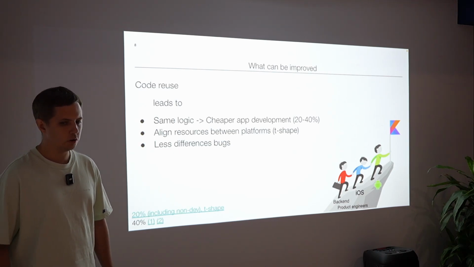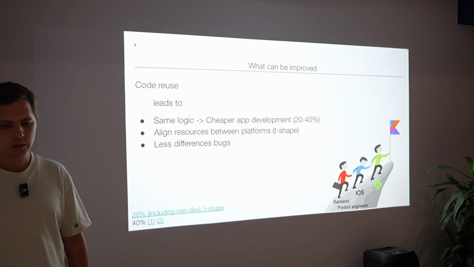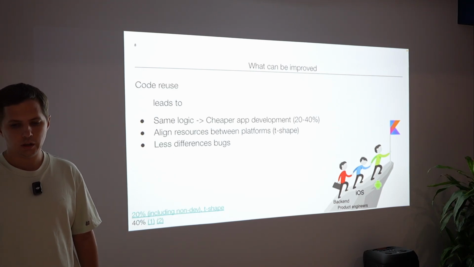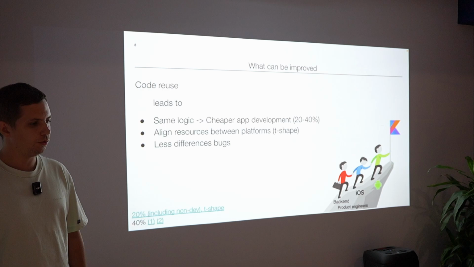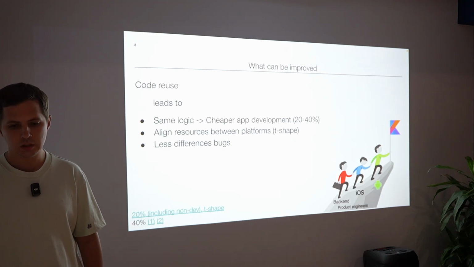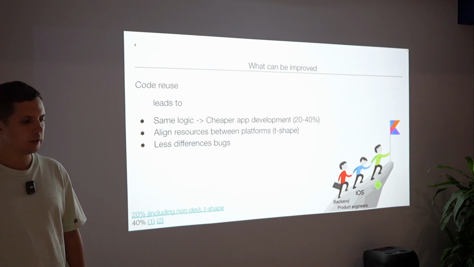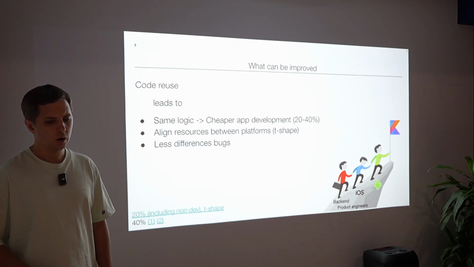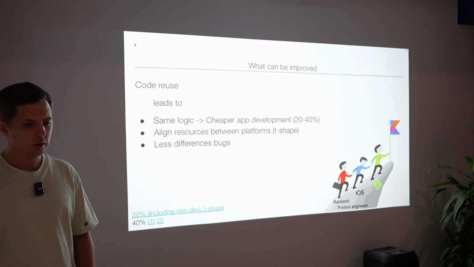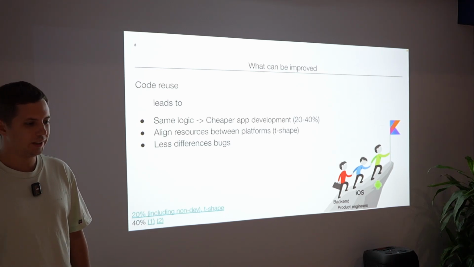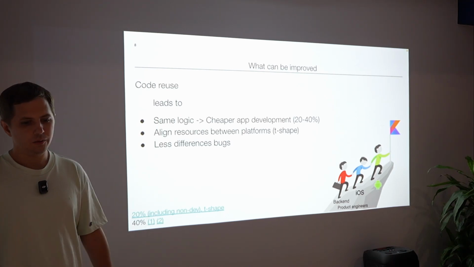And because of this, cheaper app development. With Kotlin multiplatform, we already have some numbers. So we can save from 20 to 40% on app development. We could align some resources between platforms. For example, previously, when your Android application developer is on vacation, the Android application development is stopped and iOS goes forward.